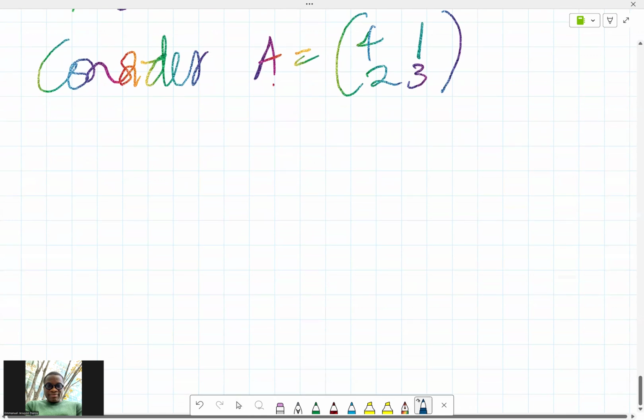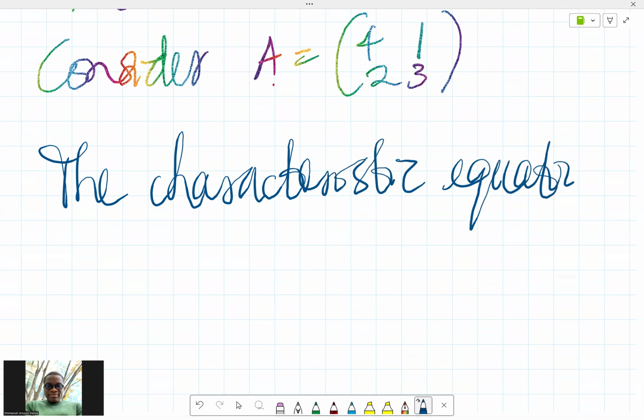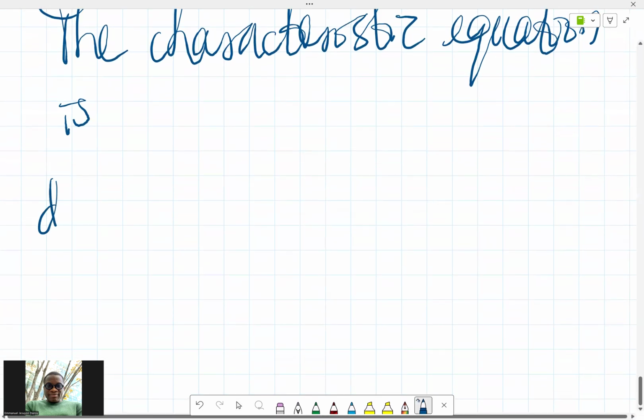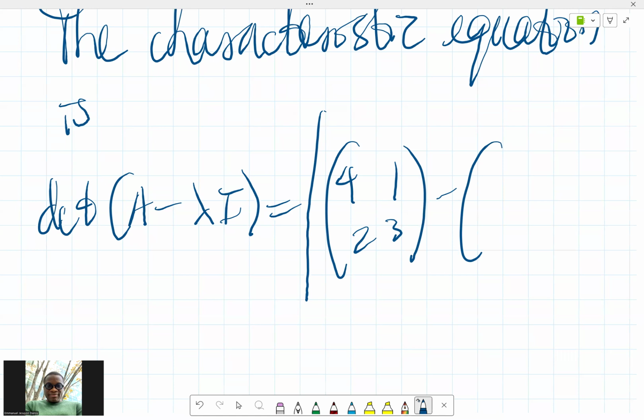So here, the characteristic equation is the determinant of A minus lambda I, which is equal to the determinant of [4, 1; 2, 3], minus lambda I.